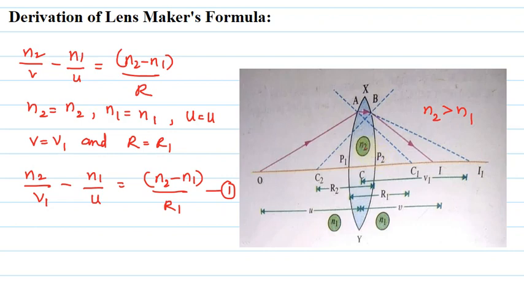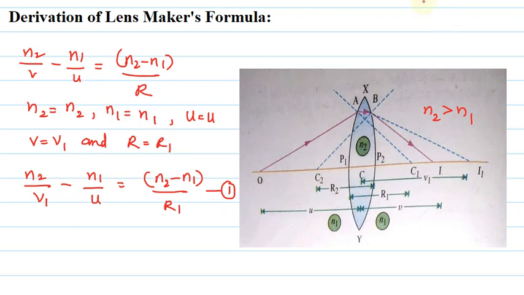The refracted ray AB suffers further refraction at B and proceeds along BI, meeting the other refracted ray along the principal axis at I. Thus, I is the final real image of point object O after refraction through the lens.